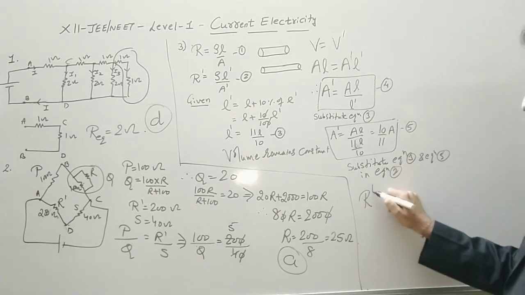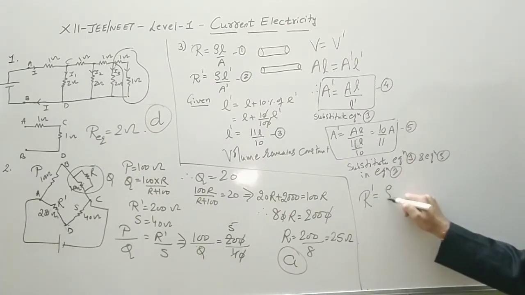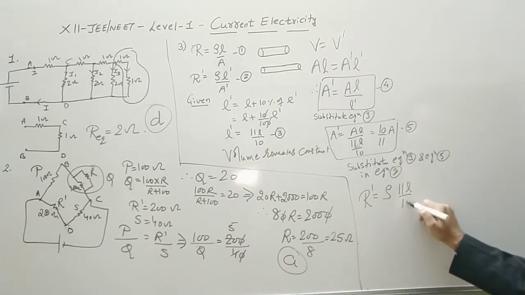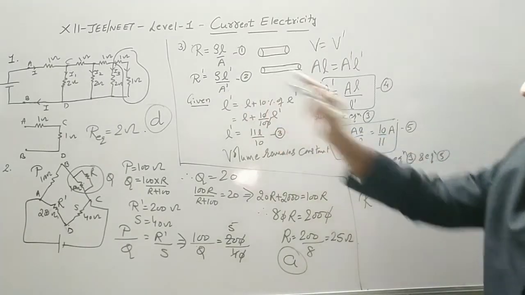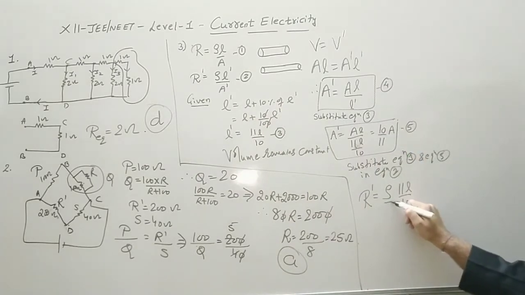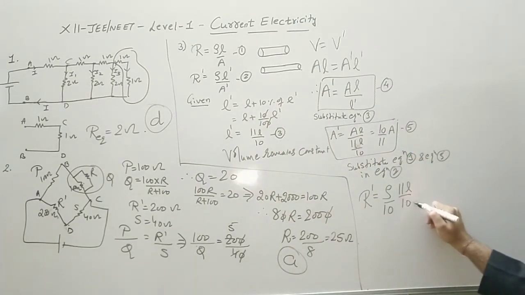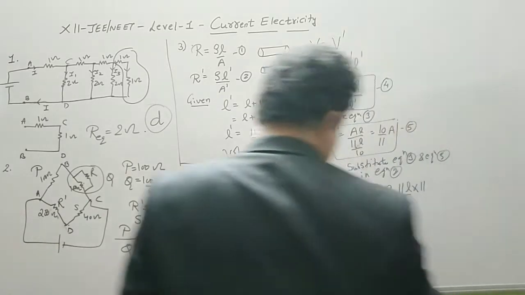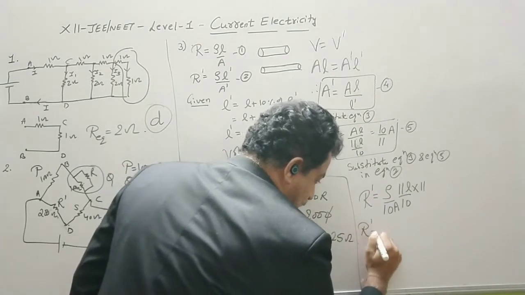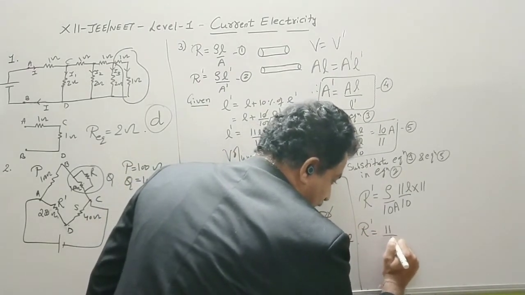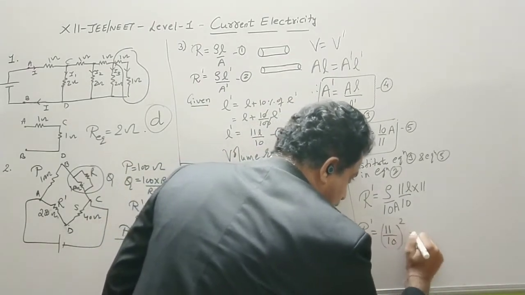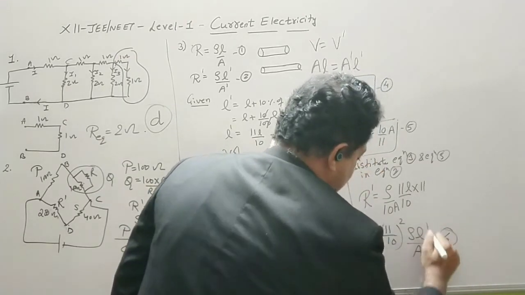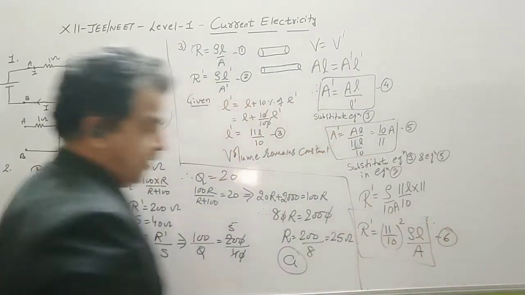So R dash is equal to rho, in the place of L dash we have 11L by 10, in the place of A dash we have 10A divided by 11. So if I rearrange all these terms, R dash becomes 11 by 10 whole square rho L by A. So this becomes, say, equation number 6. So this is your final resistance.